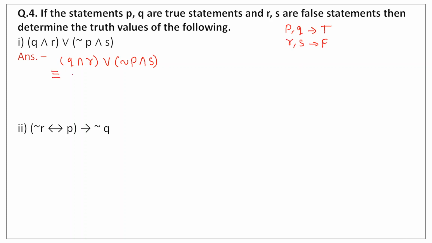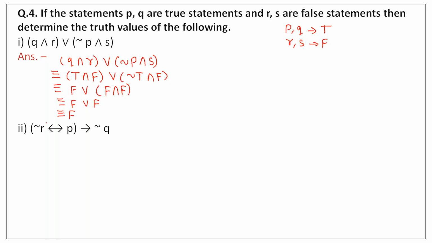So this is equivalent to T and F, or negation of T and F. First we solve this. T and F is F, or negation of T will be F and F. So what will be this? F or F. Its truth value is F.